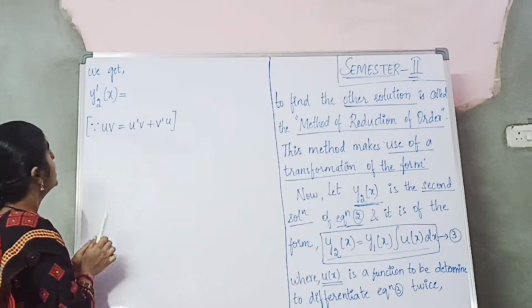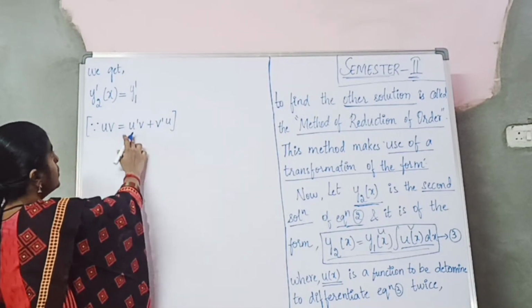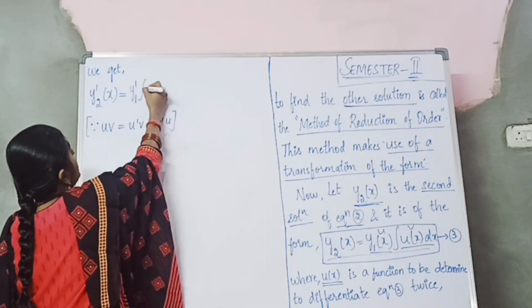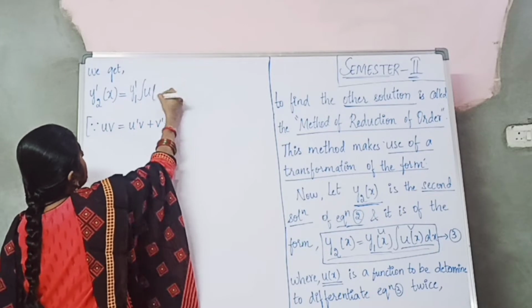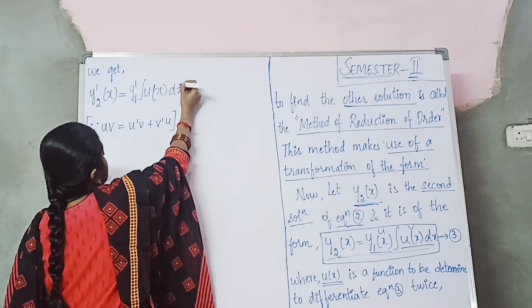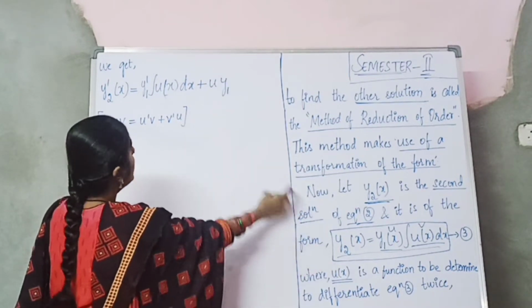Here we apply the UV method. Then we get y2 dash equals y1 dash into the integral of u of x dx plus u y1.